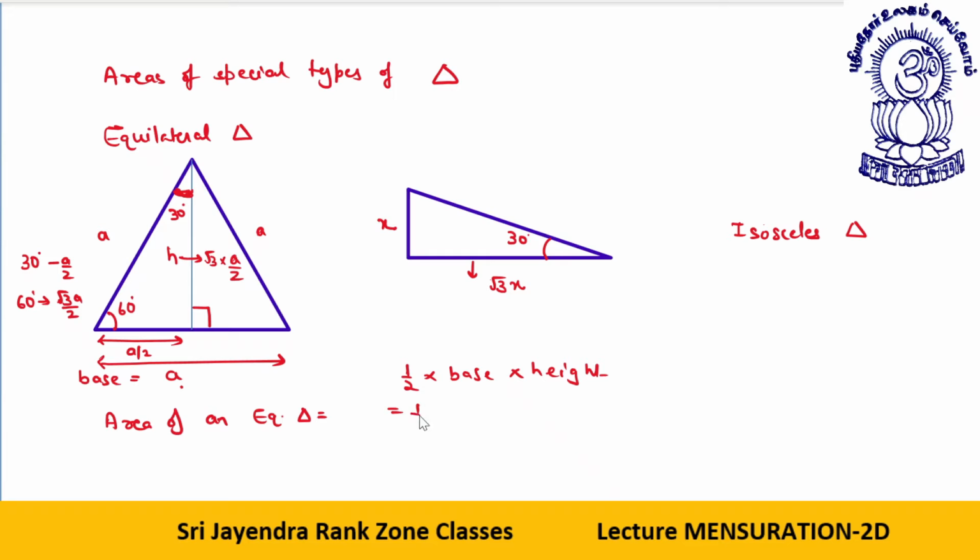What is the base? The base is full A. The height is root 3 by 2 A. That gives me root 3 by 4 A square.